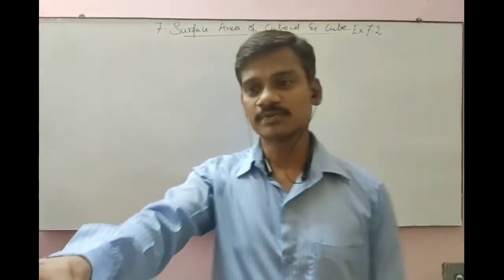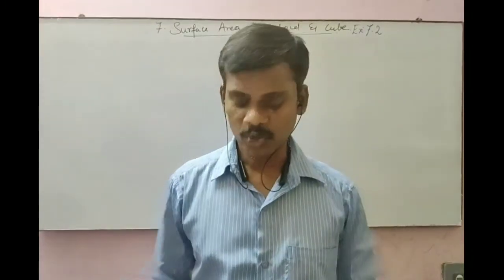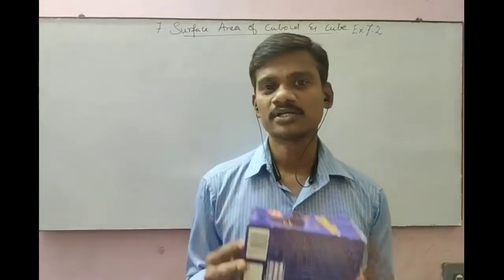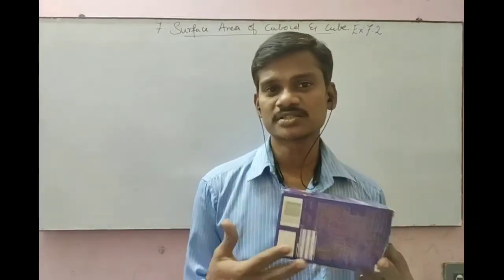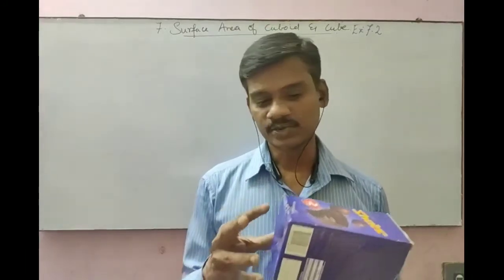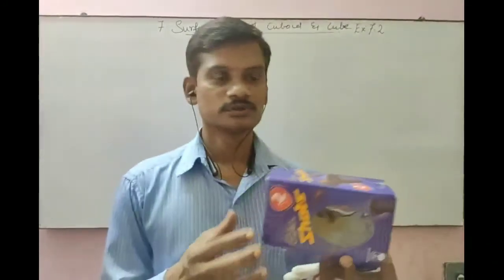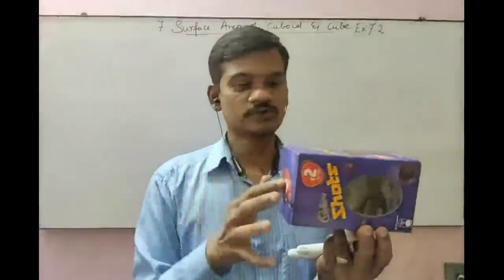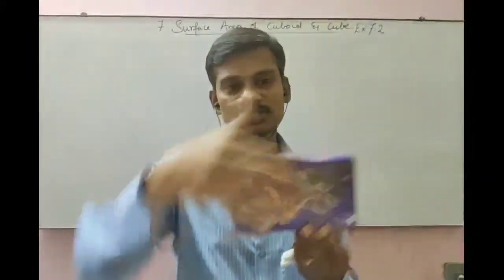Before getting into the topic, we have to know what is meant by cuboid. This is the shape of a cuboid, which has 6 faces, 12 edges and 8 vertices. This is the first face, second, third, fourth, fifth, sixth. So in total it has 6 faces.